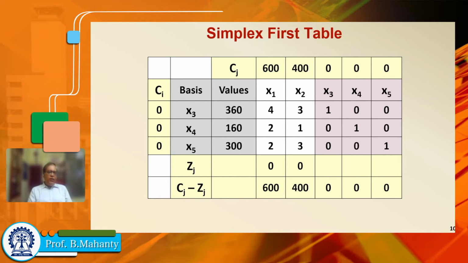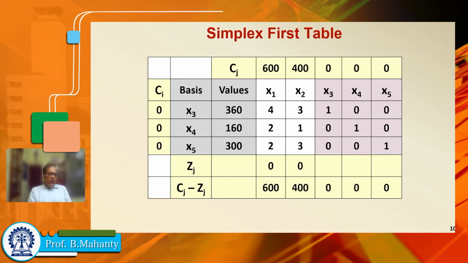So you see, you have given up 4 units of x3, 2 units of x4, and 2 units of x5. So there is a lost profit because of that, and that term is called Zj. So what is Zj? Zj is the lost profit per unit.